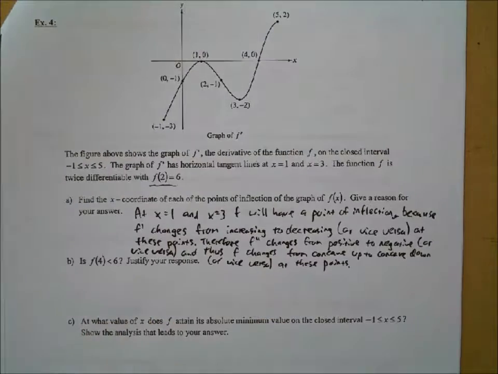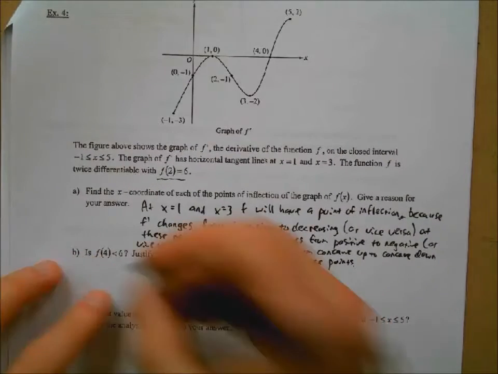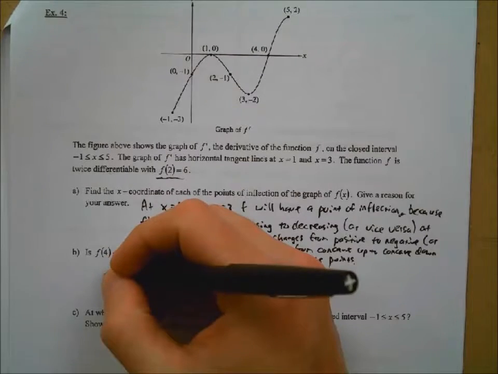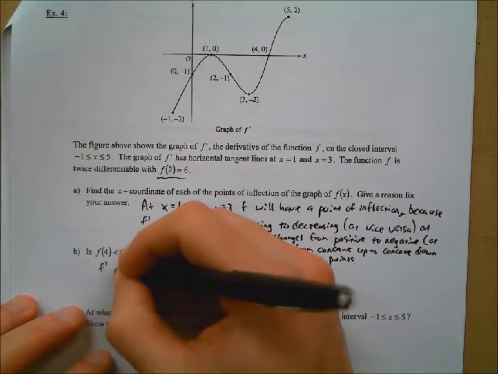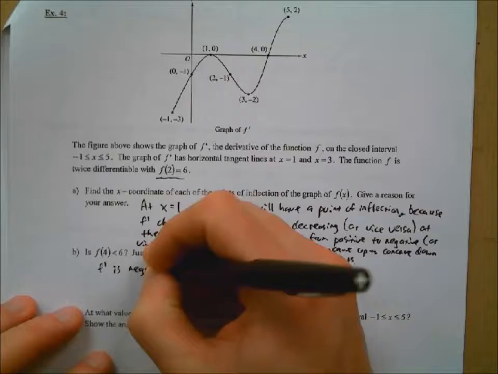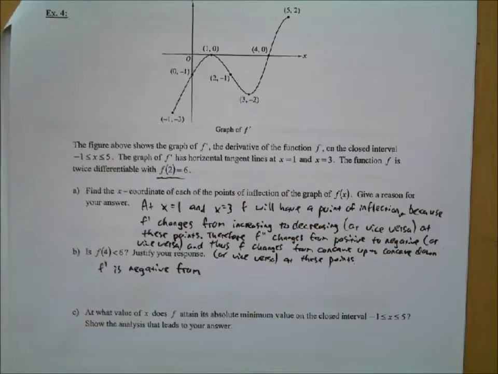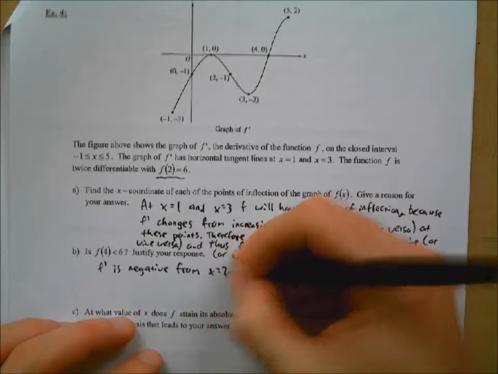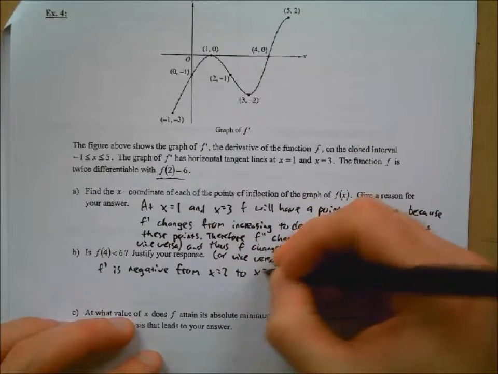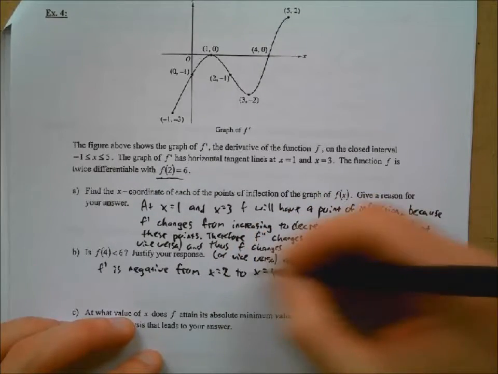Yep, but that's the right kind of thinking there. So good job, very good. Okay. So let's see here. We'll say f prime is negative from x equals 2 to x equals 4, not including 4.